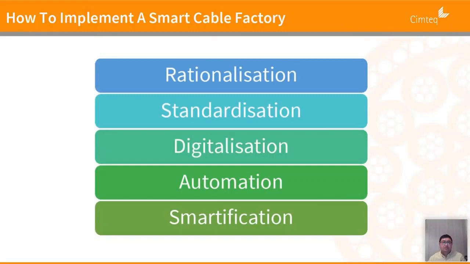Next, how to implement a smart factory. I will spend a little more time on this slide because I think it's very important, and it's one of the major ideas I would like to share with you. After talking to quite a lot of factories, they all tell me they want a smart factory, but they are at different stages and they want to know where they are, what they can do, and what the ultimate goal is.